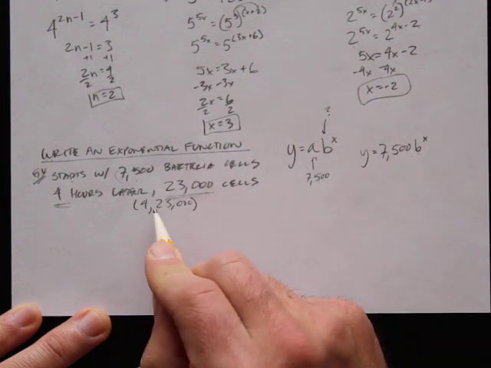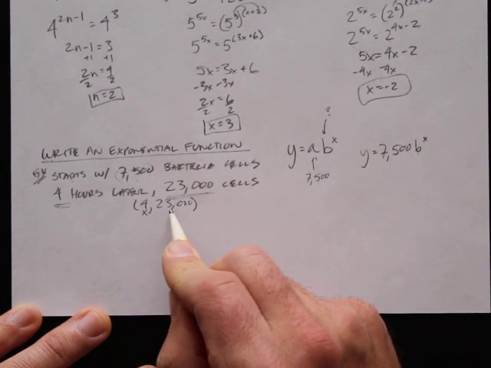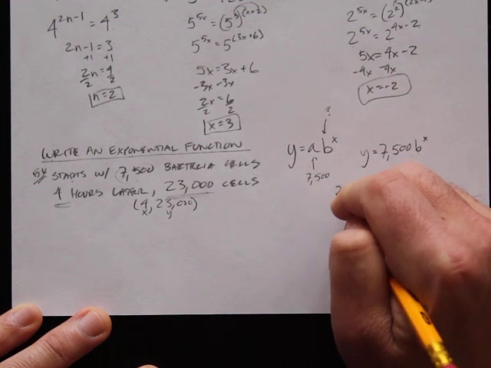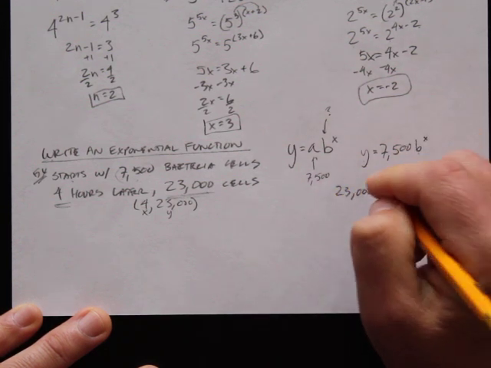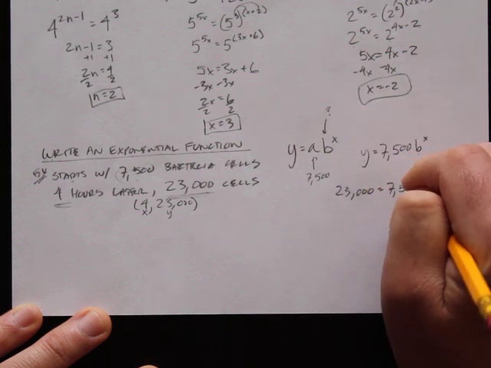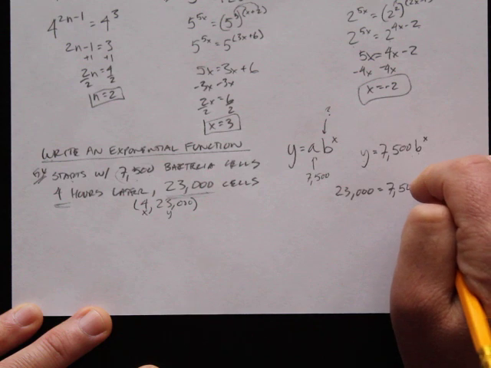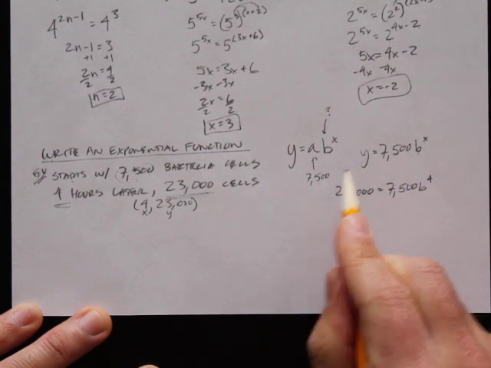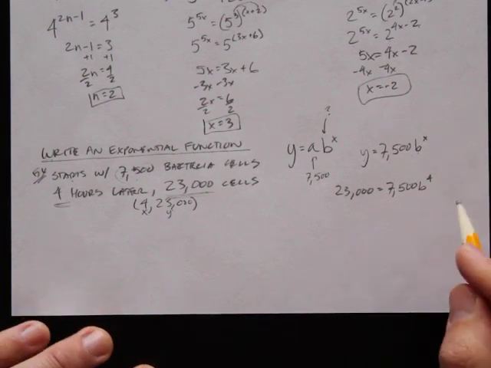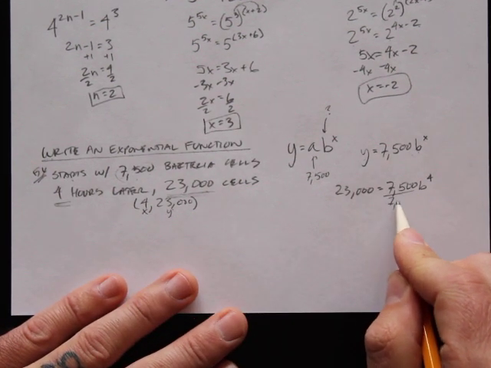We have 4 as our x value and 23,000 is our y value. So 23,000 equals 7,500 times b to the 4th power. So I just plugged in my y value and my x value. Now I need to solve for b. So I'm going to divide both sides by 7,500.